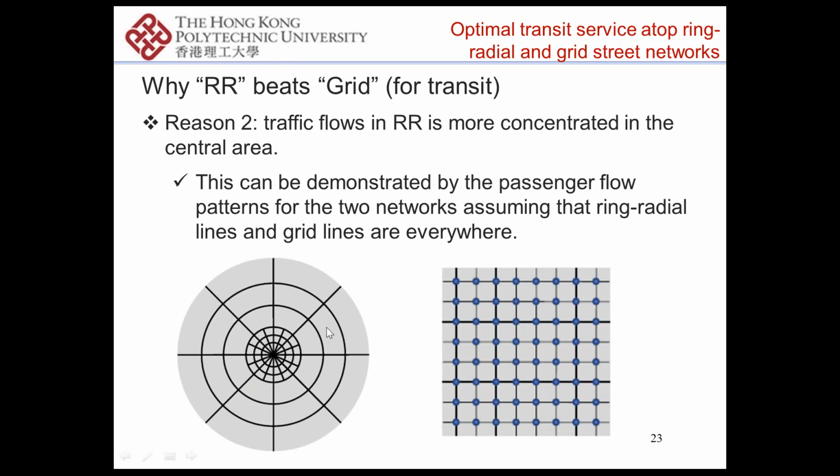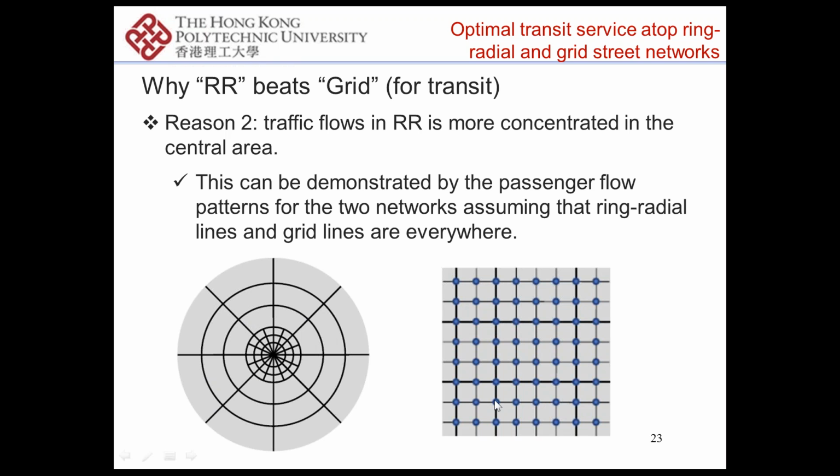Then we try to find out the passenger flow that passes through a ring line at an arbitrary location. And for the grid network, we also find out the passenger flow that travels through a squared ring.